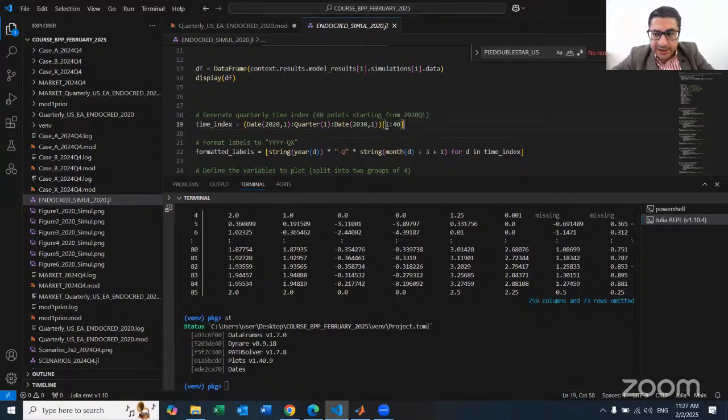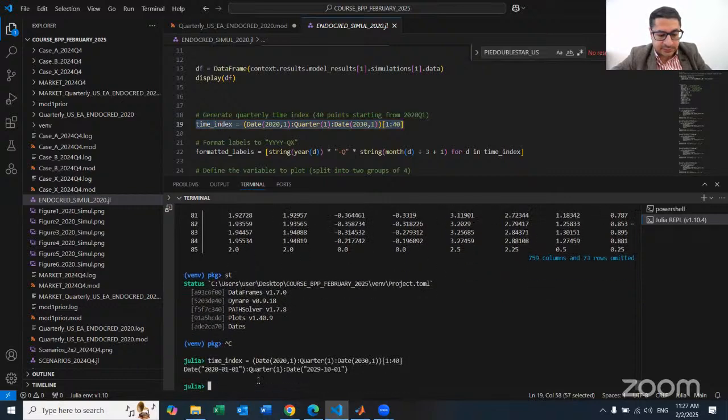Okay, and take the first 40 of these. Let me show how it's working. Okay, time index. We started from the first quarter of 2020, and taking the first 40 of these will go up to the fourth quarter of 2029.